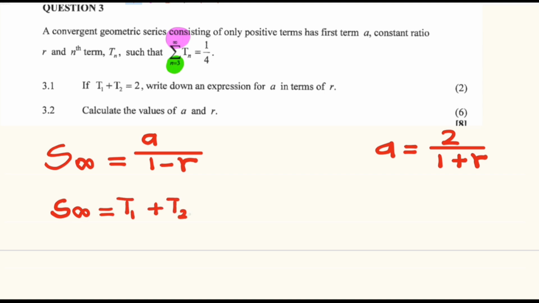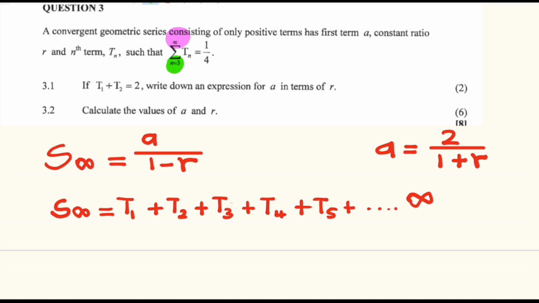We also add term number 2 plus term number 3 plus term number 4 plus term number 5 plus, and this will continue up until infinity. Since we are told that this is a convergent geometric series, the terms closer to infinity will be so small that they will almost be equal to 0.